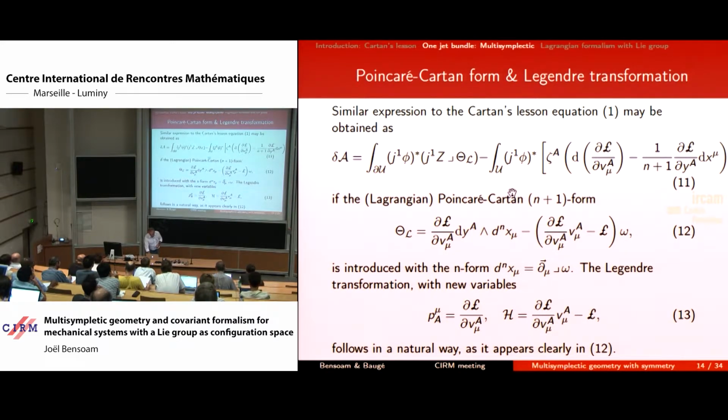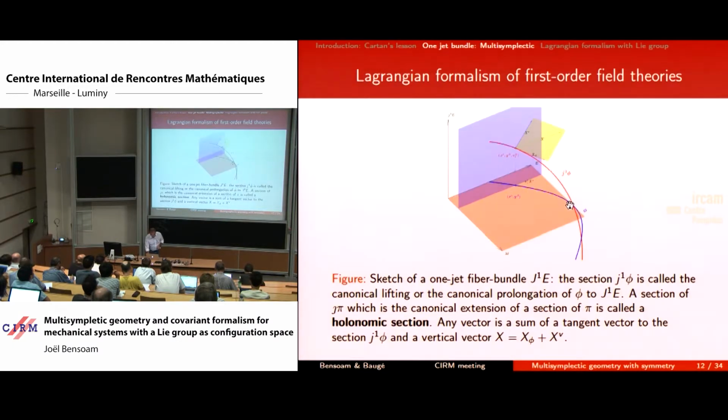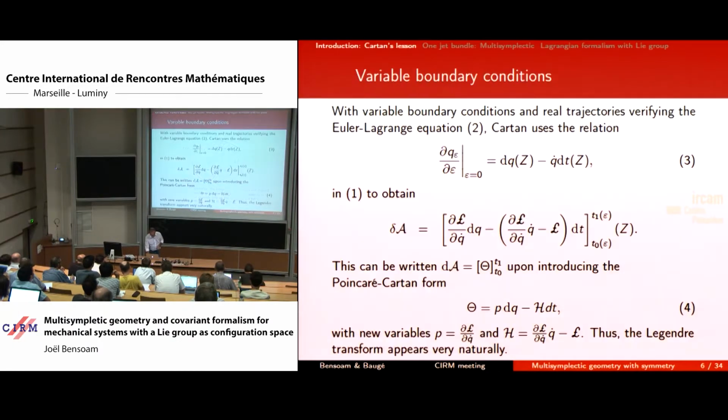And doing that, you have to introduce a Poincaré-Cartan n+1 form. Here n is the number of spatial variables. When n was 0, you had just the one form. Maybe we can go back to these things in here.